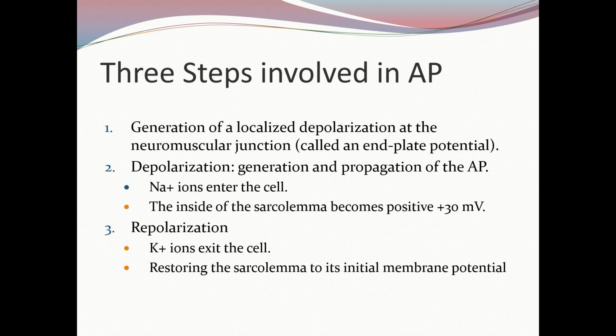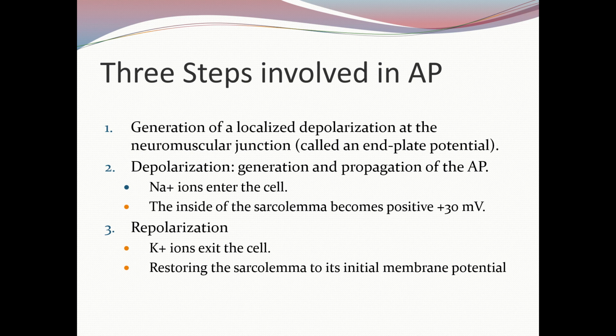The steps involved in the action potential are as follows. In step 1, there's a generation of a localized depolarization at the neuromuscular junction. This is called an end plate potential. Whenever you see the term potential, think electricity at this point. So step 1 is the generation of a localized depolarization at the neuromuscular junction, and this is called the end plate potential.